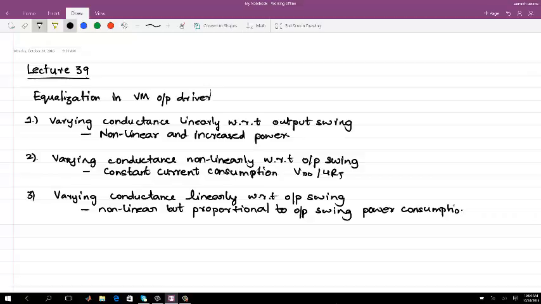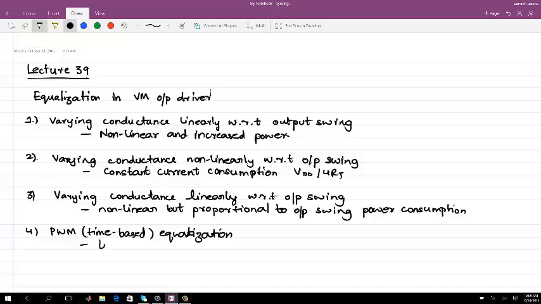Okay. And in the very last, we saw the pulse width modulation or time-based equalization. Sorry, this was proportional to the output swing you want.